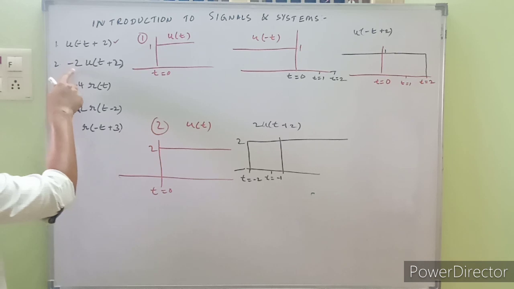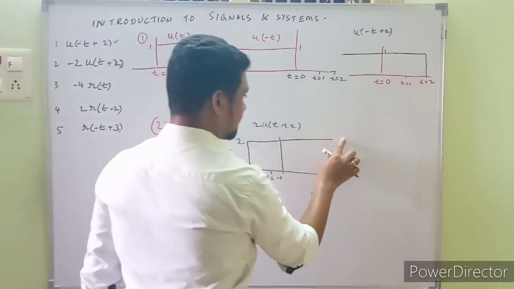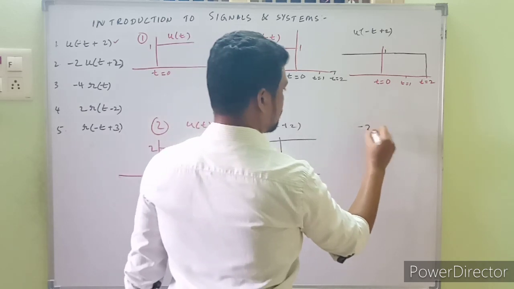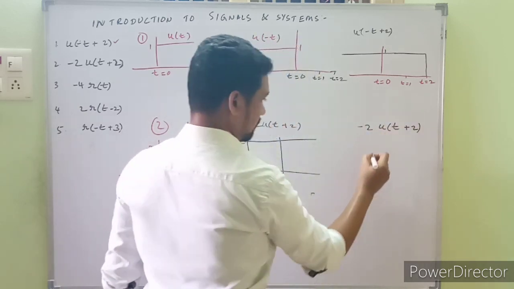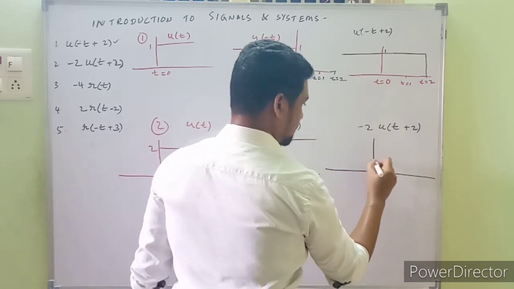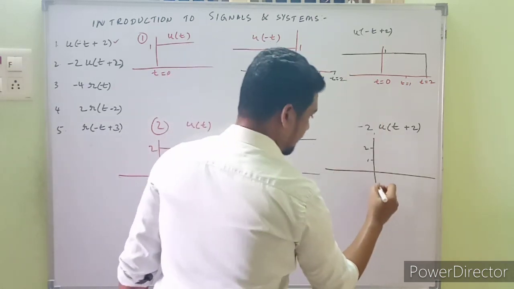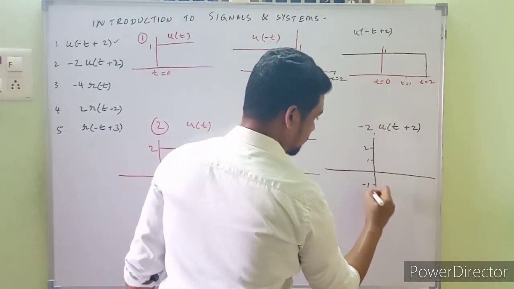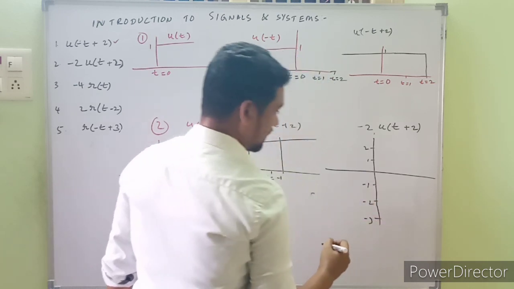The negative amplitude should be in this direction. So for my final sketch of -2 u of t plus 2, the amplitude is 1, 2 positive, and the negative amplitude -1, -2, -3.